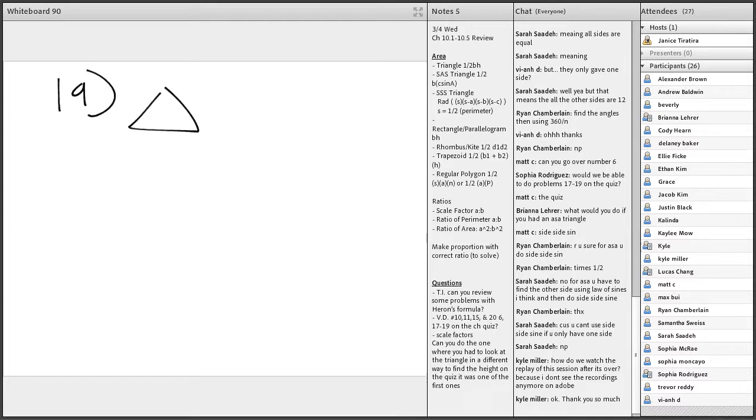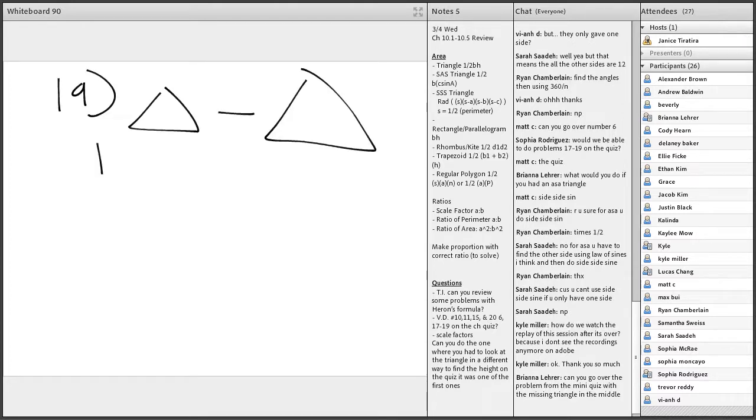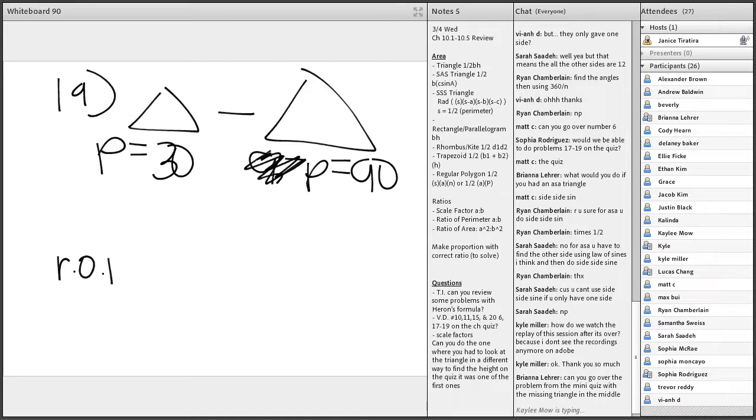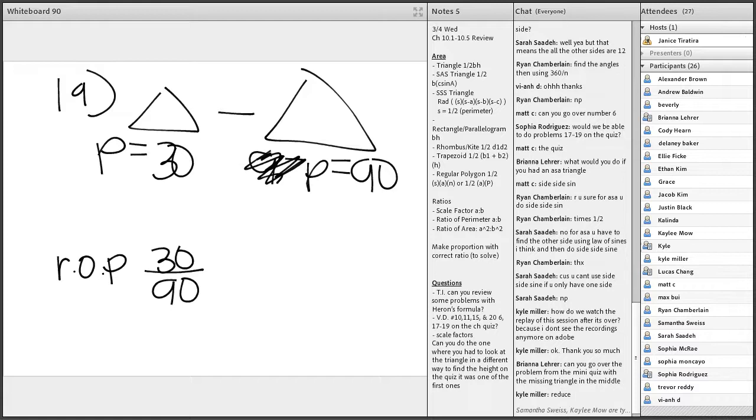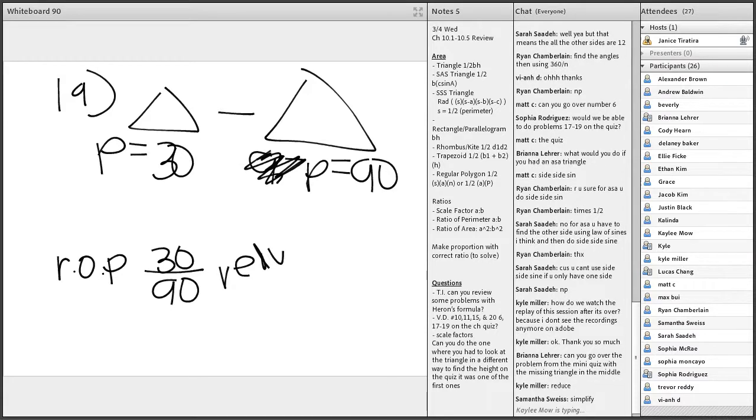Okay, then number 19. They gave us two similar triangles. The perimeter is 30 and the perimeter is 90. So now what we could currently find is ratio of perimeter. Who's been paying attention? What should we do before we do anything else? Yes, reduce it, simplify it.